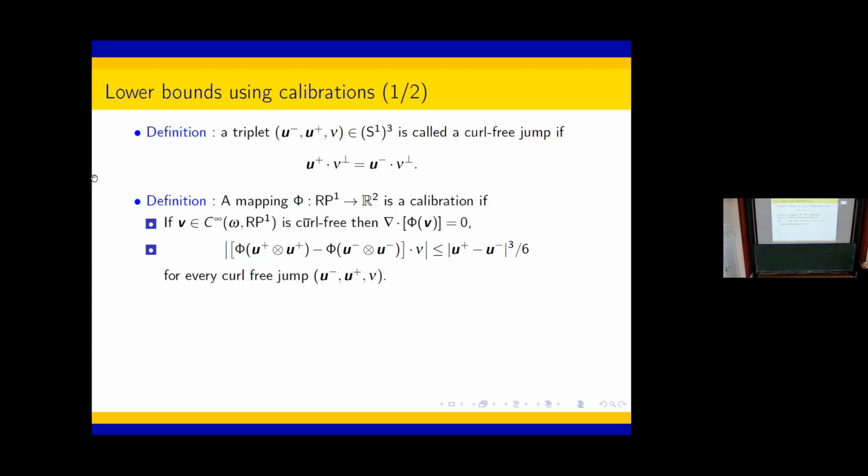And if V is smooth and curl free, then the divergence is nothing. So when I compute the divergence, I will only see the jump set, and on the jump set, the divergence is just the jump of phi in the direction of the jump.